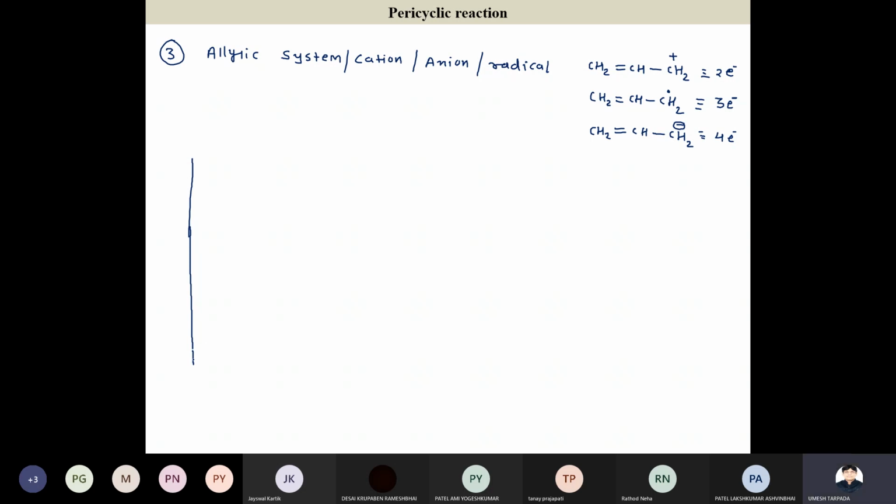So there are 3 pi centers, 3 carbon atoms, and at all these 3 centers the pi electrons are equally distributed. Good. Total nodes is equal to n minus 1. How many? 2.